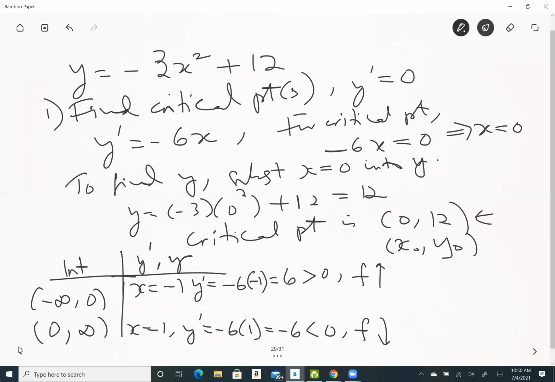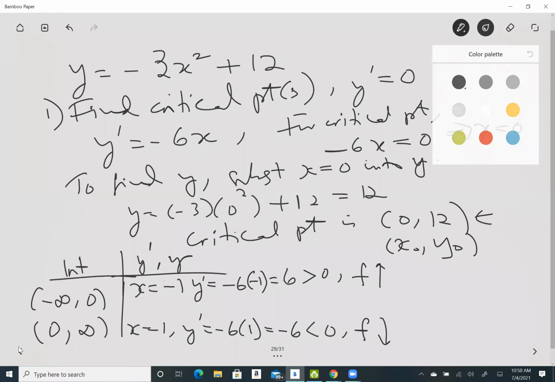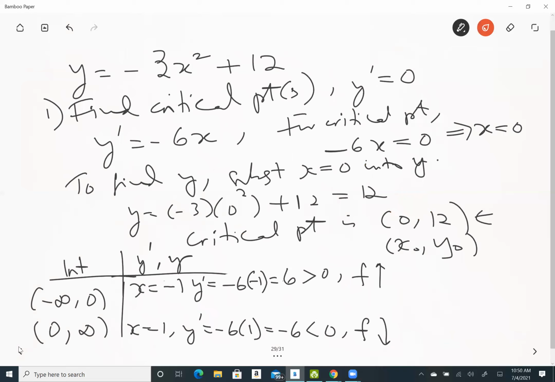To the left of the critical point 0 is the left interval, and that is to the right. The function is increasing on the left interval, and on the right interval the function is decreasing.